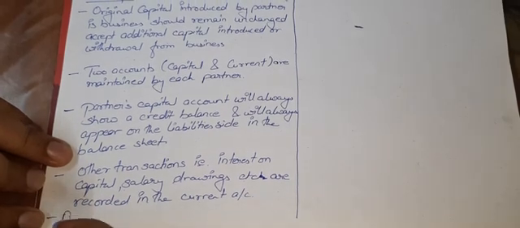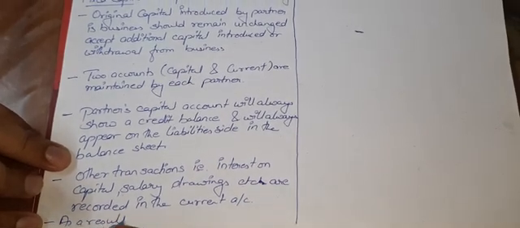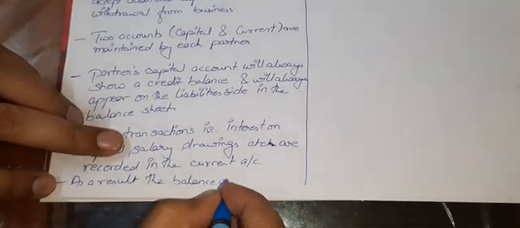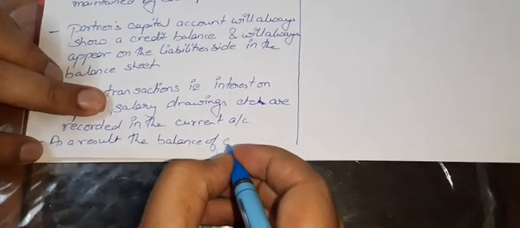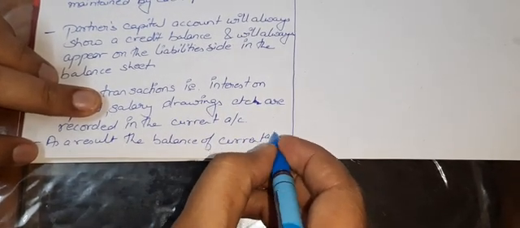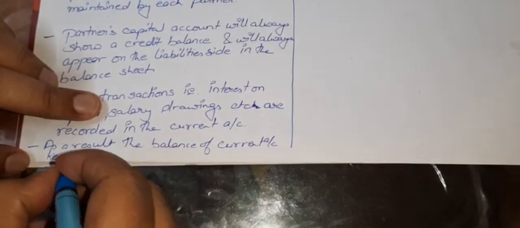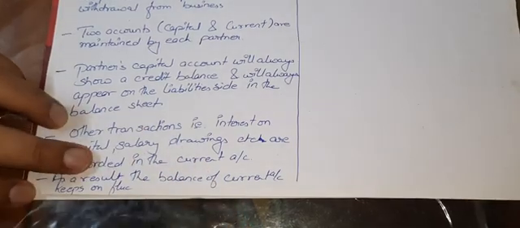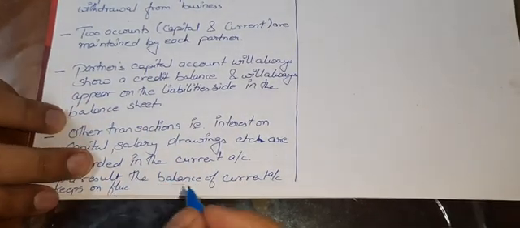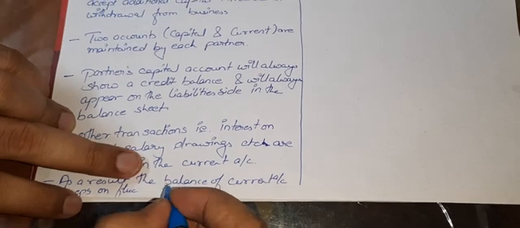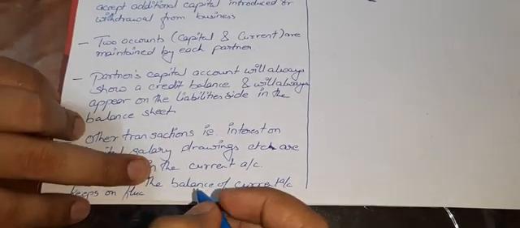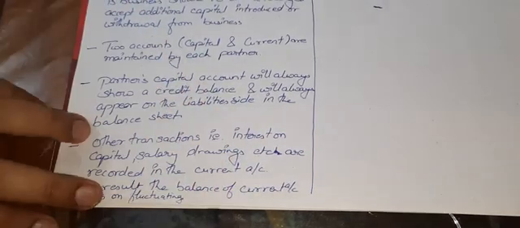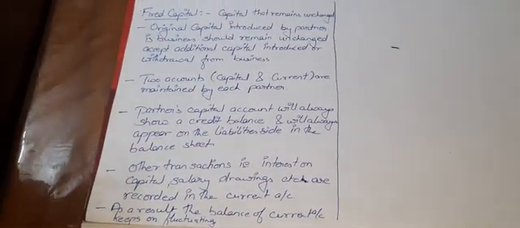As a result, the balance of the current account keeps on fluctuating, whereas the balance of the capital account will always remain constant until additional capital is introduced or withdrawal of capital is done. So in a fixed capital account, we maintain two accounts, capital and current account.